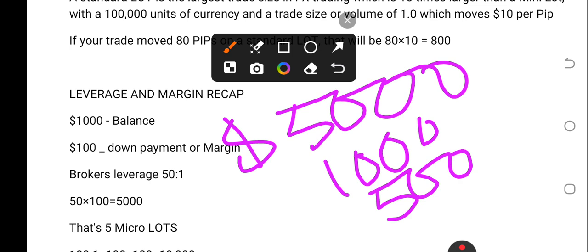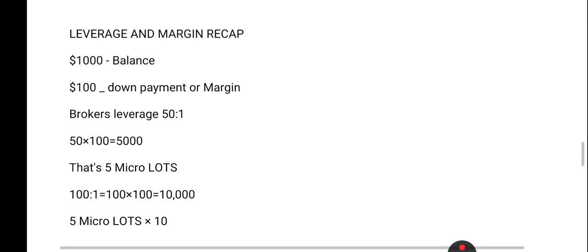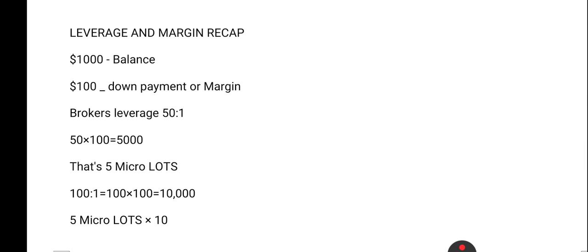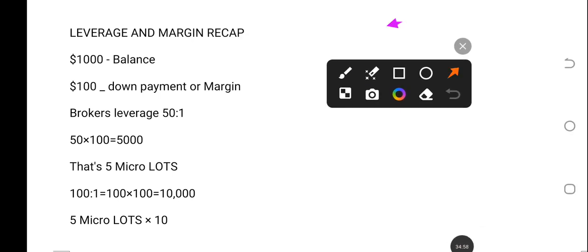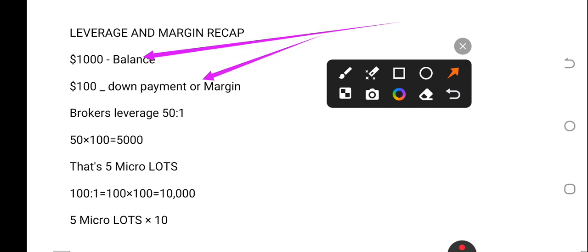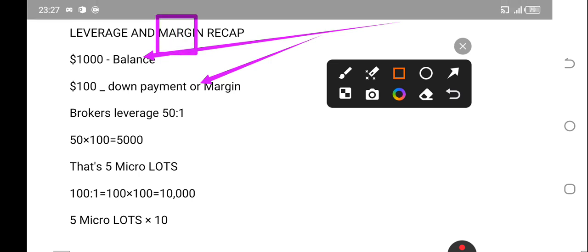Now let's see this clear example here. Let's say you have $1,000 in your balance. You now decide to remove $100 as down payment. That is your margin. That is what we call margin.